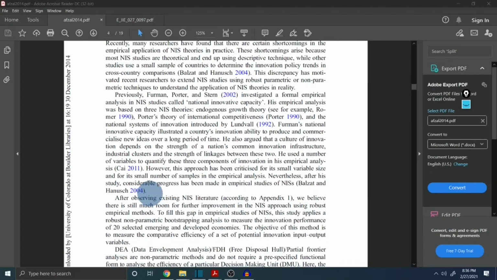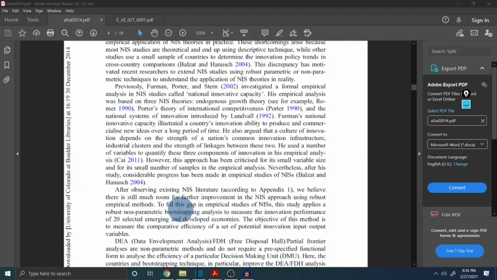And in the third and final paragraph, I mentioned that after observing existing NIS literature, which I mentioned in Appendix 1 in a more detailed way, as I said, in the literature review section, we believe that there is still much room for further improvement. Here you can see that I purposely mentioned there is still a publication opportunity for NIS scope.